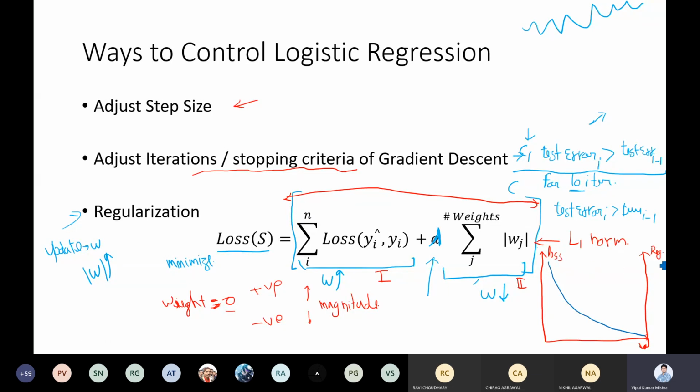But in case of the regularizer term, as we increase the weights, the regularizer will start increasing, because it is a summation of weights. So as weights increase, this will also increase.